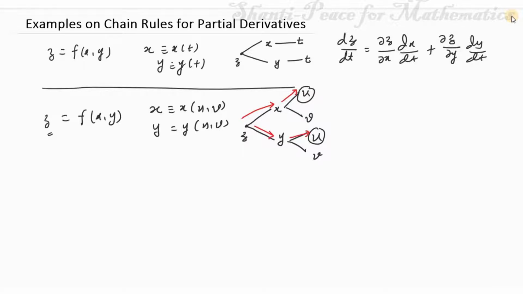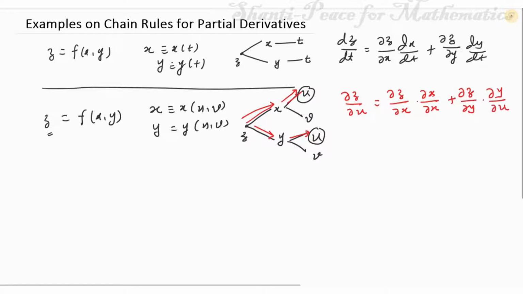So that's why del z by del u can be written as del z by del x into del x by del u, that is via this and then this, plus del z by del y into del y by del u, the another path, via this one and then this.